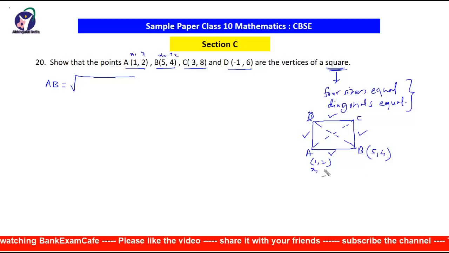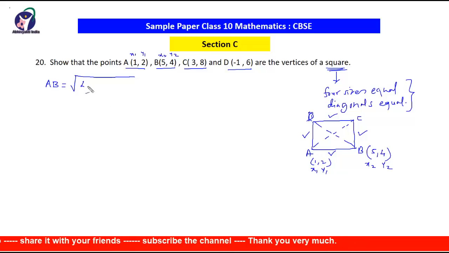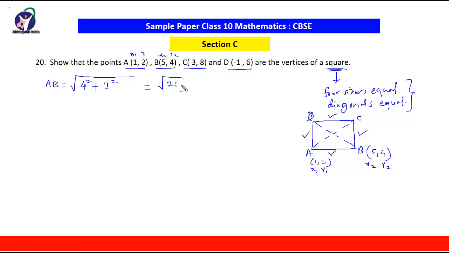So x2 minus x1, that is 5 minus 1, that is 4, so it will be 4 square, plus y2 minus y1, that is 4 minus 2, that is 2, so 2 square. Which is equal to 16 plus 4, that will be 20, so AB is the square root of 20.